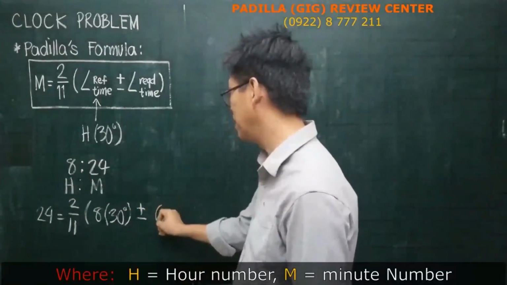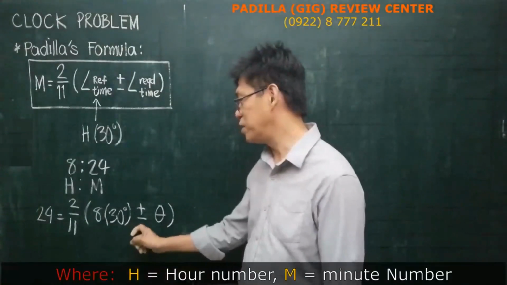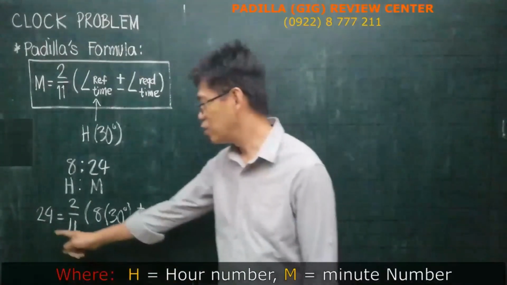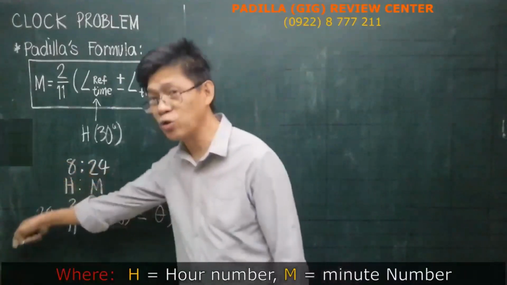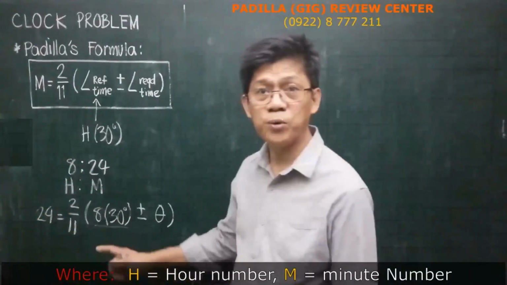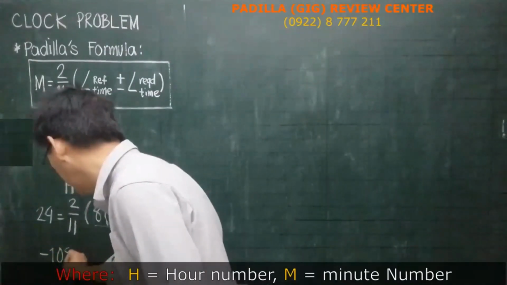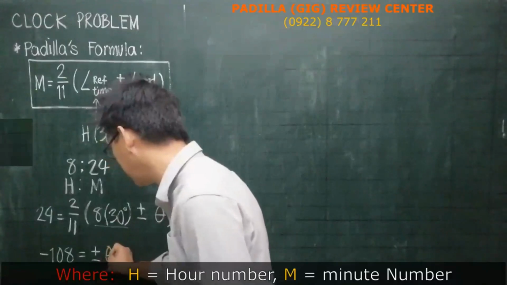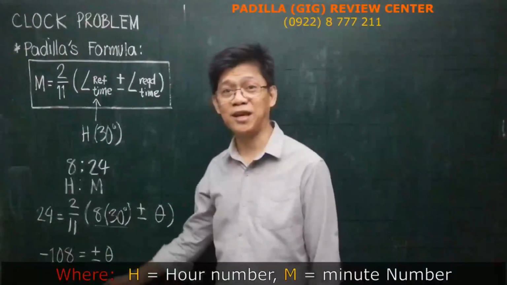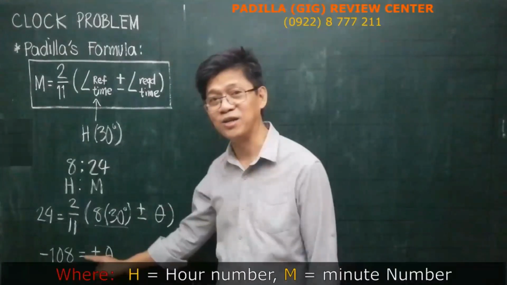Yun yung hinahanap. Let me call this angle theta. If you solve this equation, you have 24 times 11 over 2 minus 240 degrees. You compute that, and you'll get here minus 108 equals plus or minus theta. So, hindi pwedeng negative yung theta. So, from here, ang mag-prevail sa kanya yung minus.